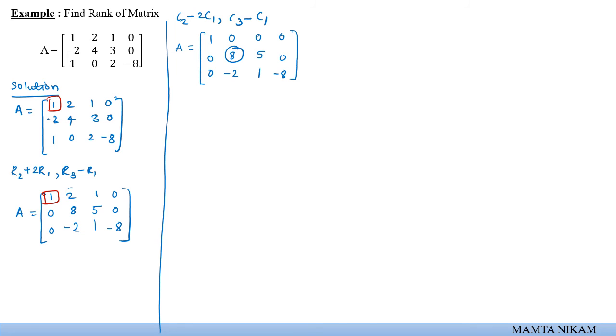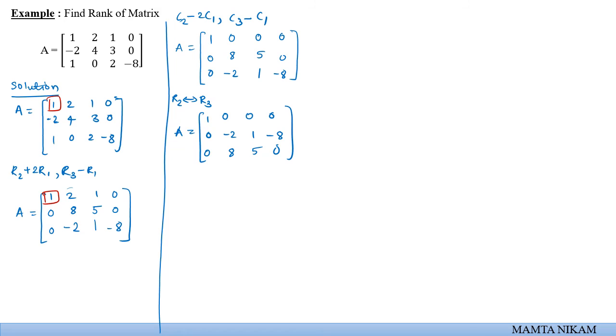Or what you can do, you can first interchange both these rows and then perform the transformation. That will also give you the answer. So if you perform R2 interchange with R3, we will get a matrix as 1 0 0 0, 0 minus 2 1 minus 8, 0 8 5 0.